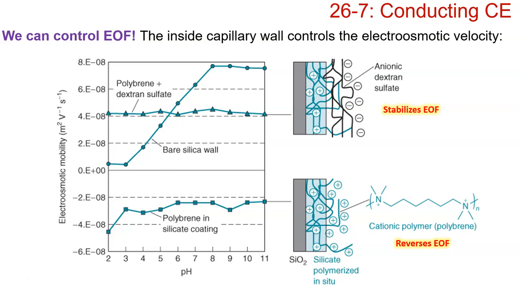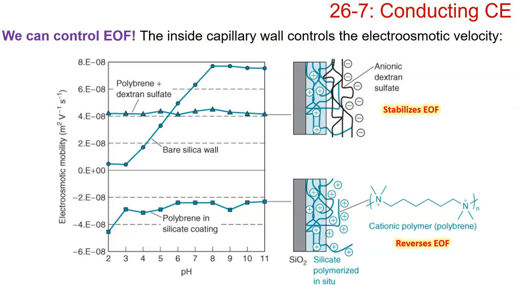What we would do is run it below the pKa, but we would apply this anionic dextran sulfate, which would stick to the cyano walls because they would have this dipole, right, with this hydrogen bonding.